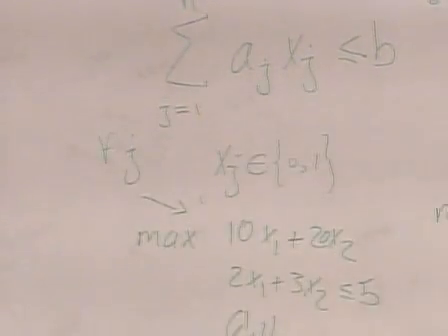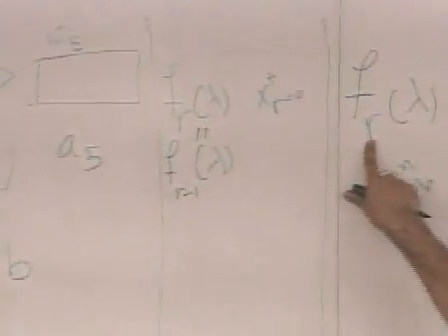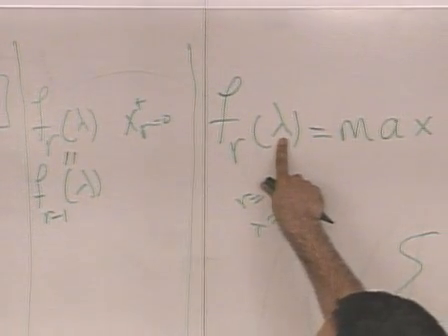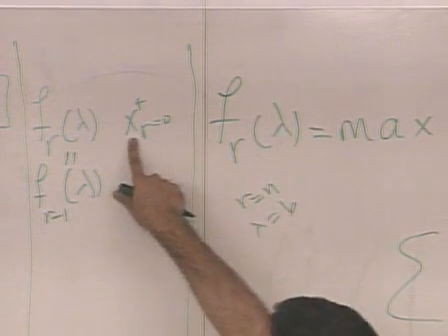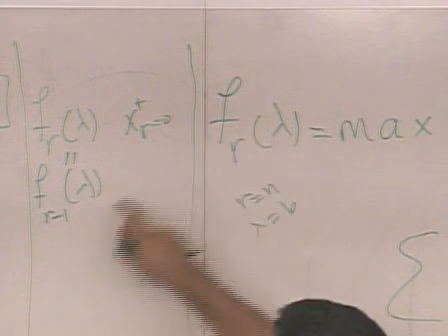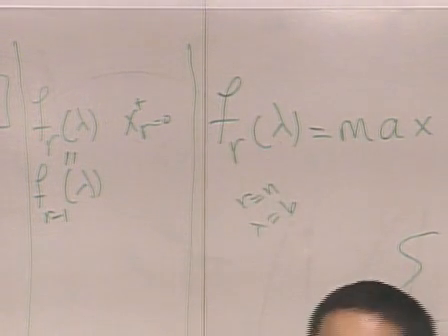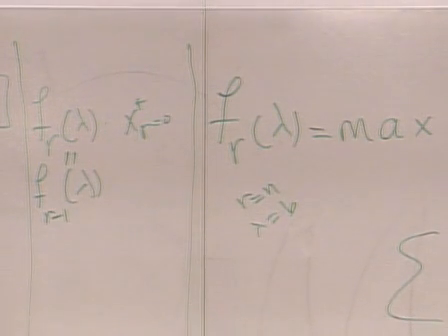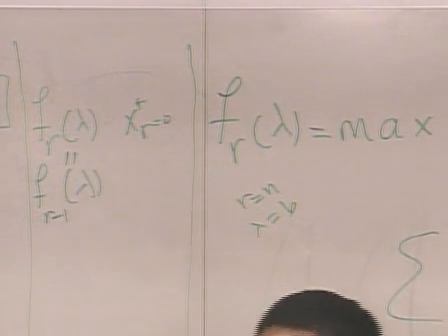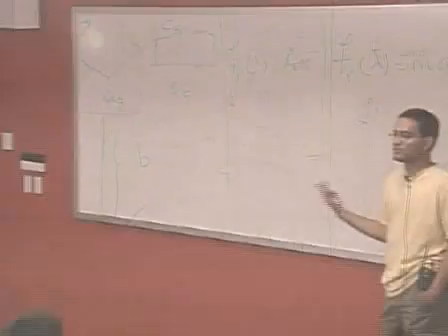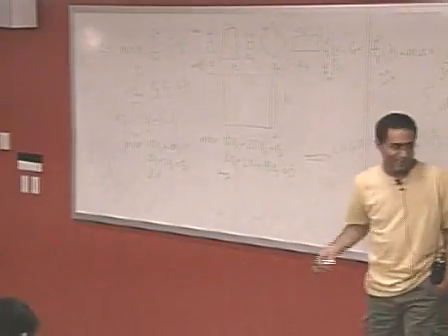So the observation is, if you solve FR of lambda, which means that you want to put R items in a knapsack with capacity lambda, if it turns out that the last item is equal to 0, meaning that you don't put the last item there, the objective value would be equal to the objective value of solving the problem without that item, but with the same capacity. Okay? This is exactly saying this thing in abstract mathematical notation. Is it clear? Yes? No? A little. Okay, yes.